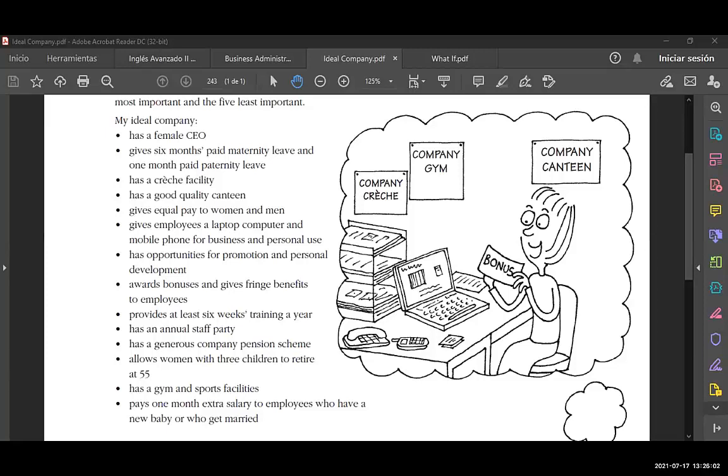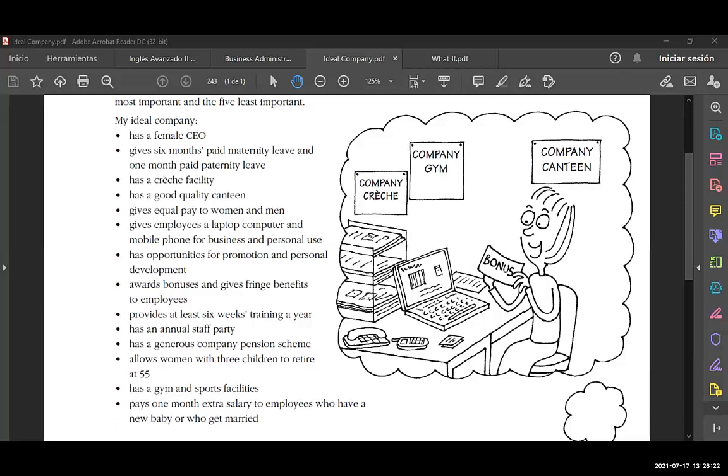Development, okay. Good. And provides at least six weeks training a year. Y ya, profe.